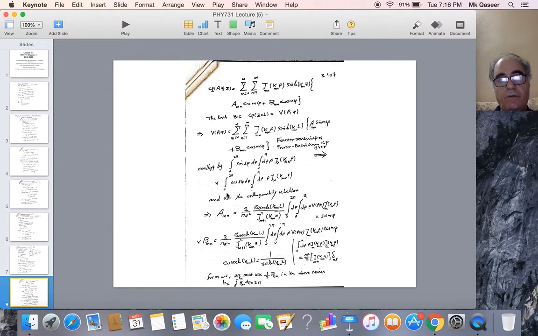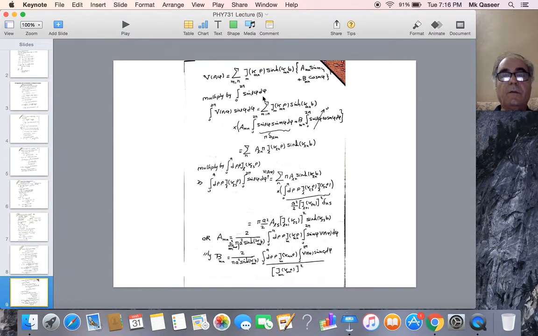And then for the second constant we multiply by cosine l phi rho J_m k_mn rho. Of course we have to integrate. Now doing so we get for A_mn this expression. This is hyperbolic secant, it's 1 over hyperbolic sine. B sub mn is given by this expression.